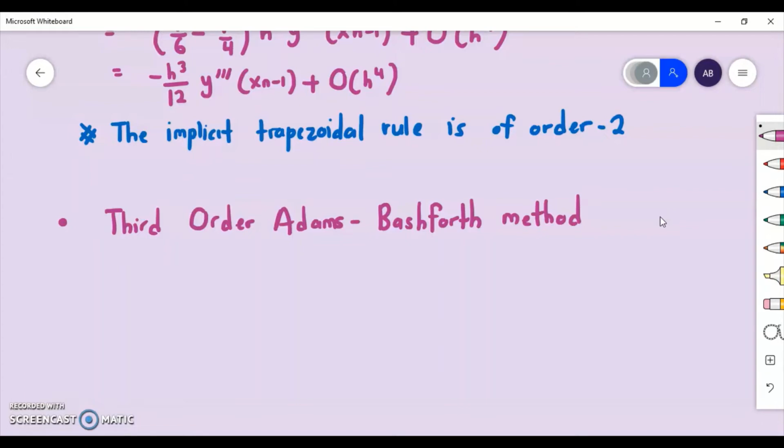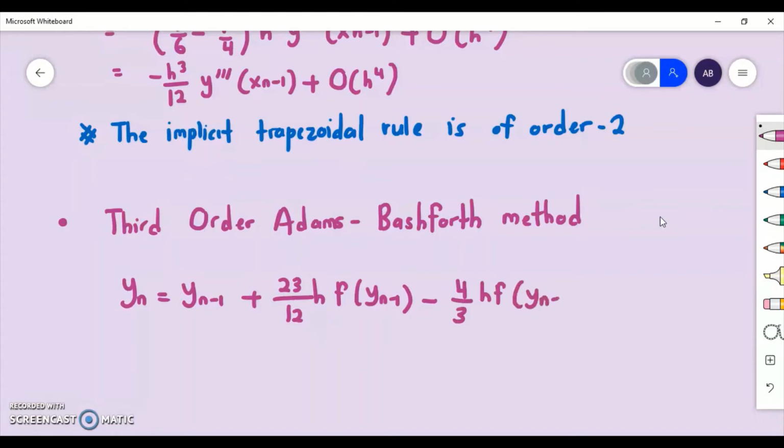Before that, let me just write down how the Adams-Bashforth method looks: yn minus 1 plus 23 over 12 h f of yn minus 1 minus 4 over 3 h f of yn minus 2 plus 5 over 12 h f of yn minus 3.